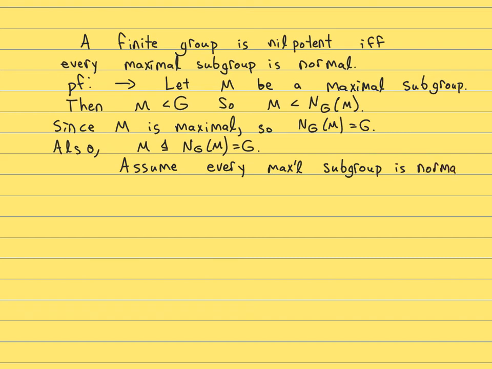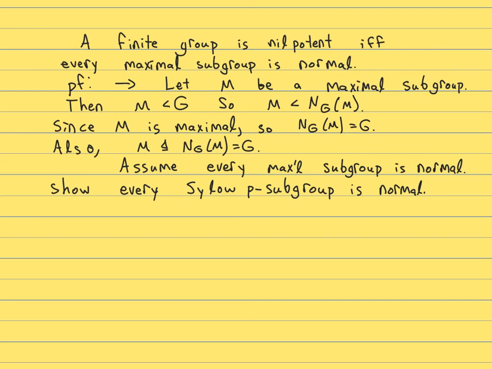What we will actually try to show is that every Sylow p subgroup is normal. If we can do that, then we're done by that statement about the following being equivalent.